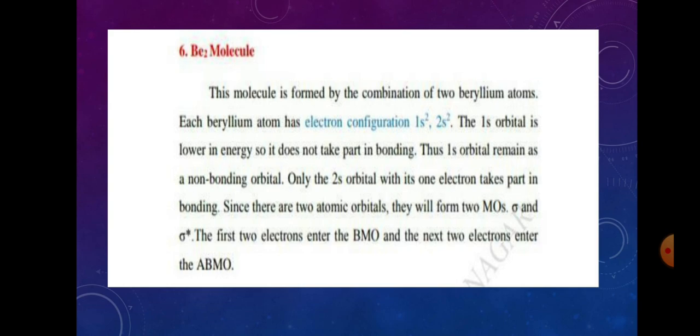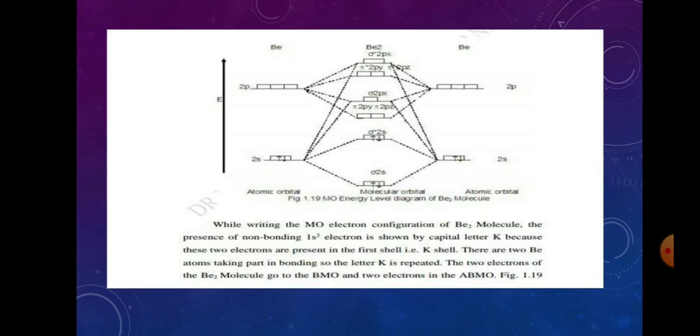Thus, the 1s orbital remains as a non-bonding orbital. Only the 2s orbital takes part in bonding. Since there are two atomic orbitals, they will form two molecular orbitals, that is sigma and sigma star. Here we see the molecular energy level diagram of the Be2 molecule.